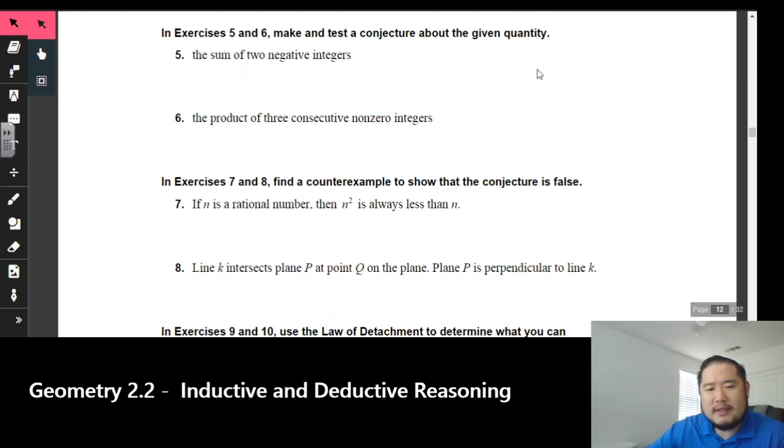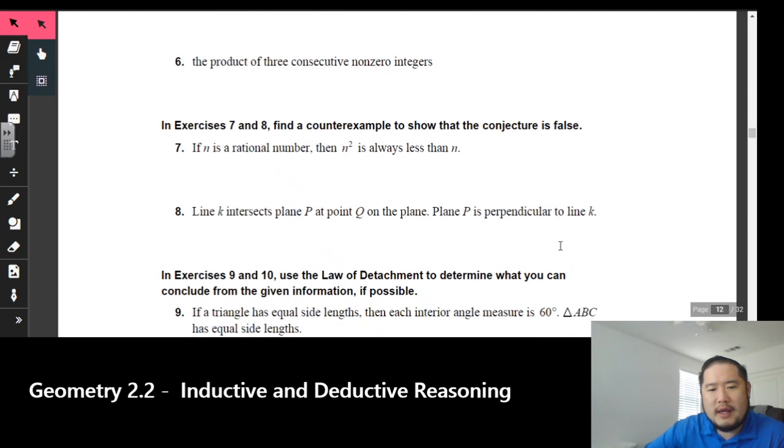Let's take a look at number 8, which says line K intersects plane P at point Q on the plane, and plane P is perpendicular to line K. Well, I think that could be pretty easy. Let's go ahead, I'll draw myself a plane right here.